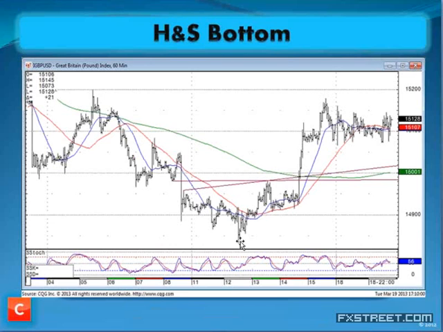You have your measured target from the head to the neckline, it comes in about here, so you miss the last tiny bit of the move. It doesn't matter. You're only looking for the height of this point to this point, and that takes that to there. So this is how you can make money preempting these head and shoulders.